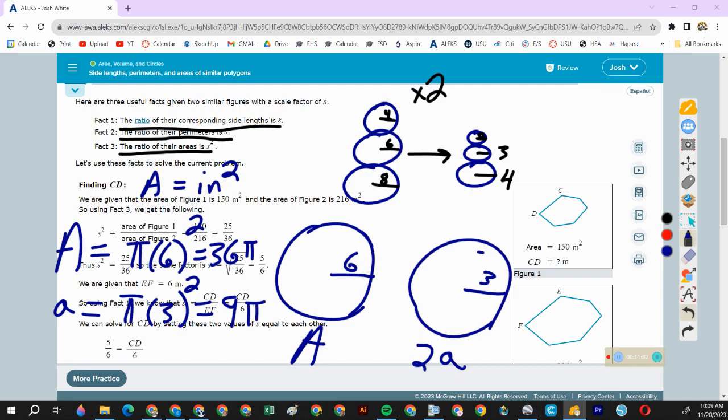Okay? So if I divide 36 by 9, I get 4. Why 4? Because this circle is twice as big as this circle, which means the area is going to be 2 squared times larger.